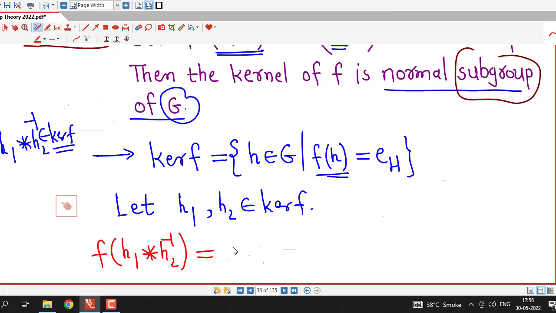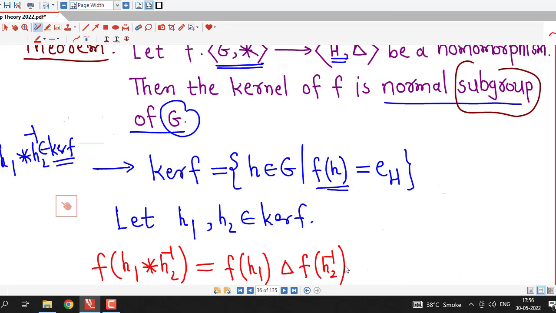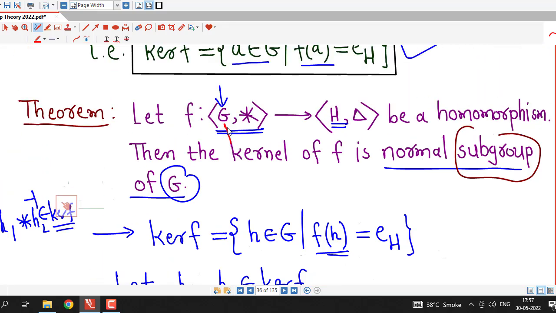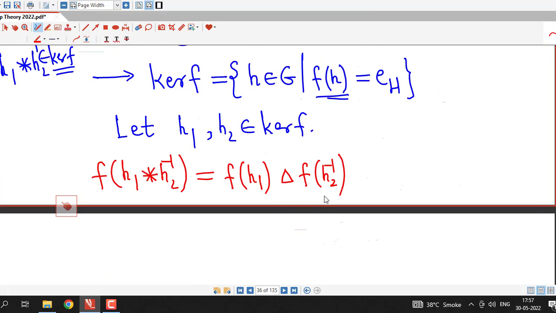Now because F is a homomorphism, we can rewrite this as F of H1 delta F of H2 inverse, because H1 and H2 inverse are elements of group G, and if we apply F on those elements, F of H1 and F of H2 inverse will be elements of capital H, and in group H the operation is delta, therefore I am writing delta here.